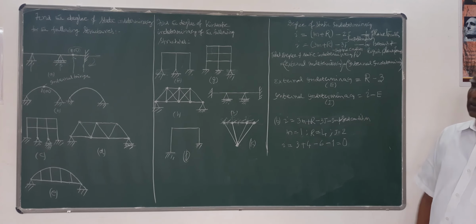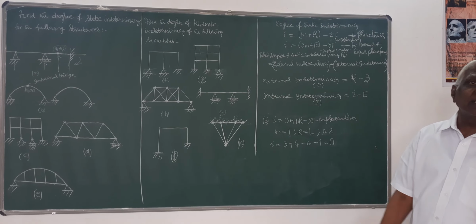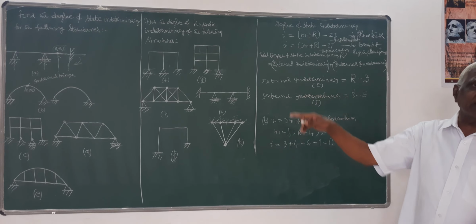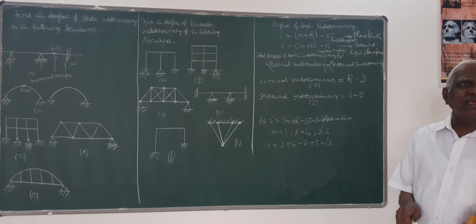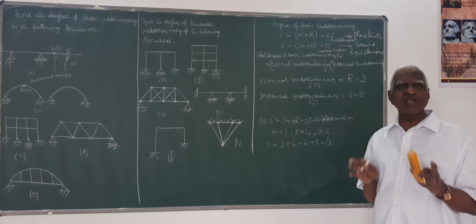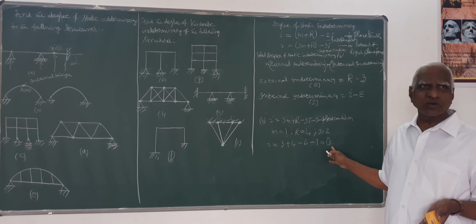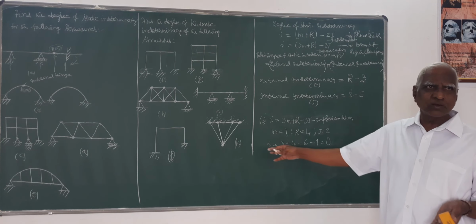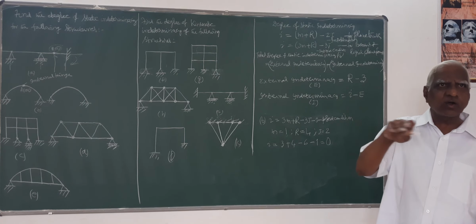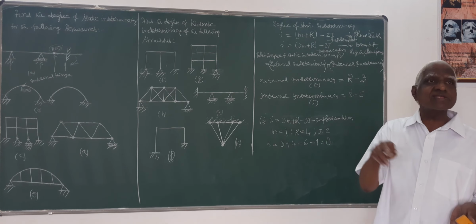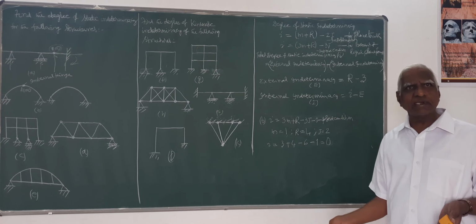So that means this structure is determinate. It is called a three-hinged arch type of structure. A three-hinged arch is always a determinate structure because I is equal to 0. This is what I told you yesterday. If the total indeterminacy is 0, we say that the structure is determinate. If it is greater than 0, then it is indeterminate.